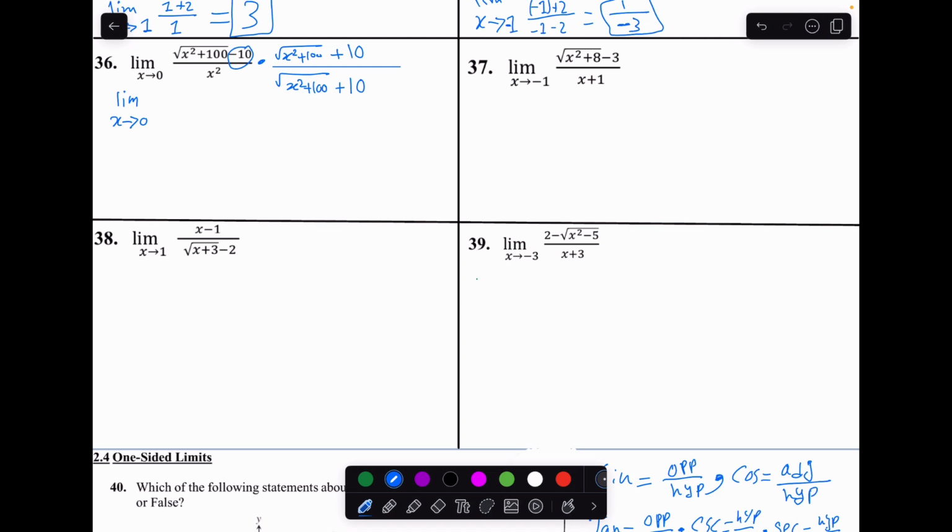Limit when x is approaching 0. So we will have x squared plus 100. Negative 10 multiplied by positive 10, we will have negative 100, over x squared multiplied by square root of x squared plus 100 plus 10.